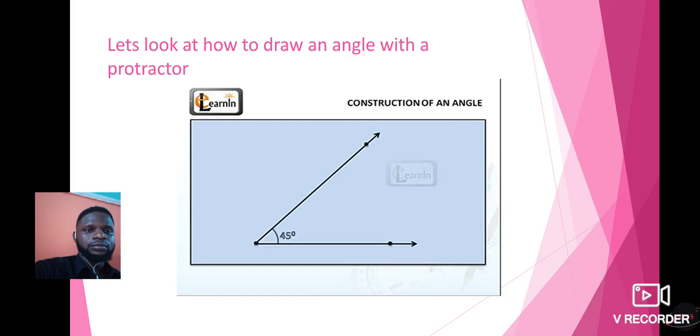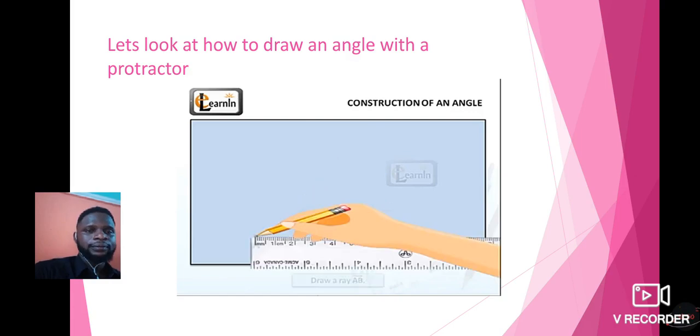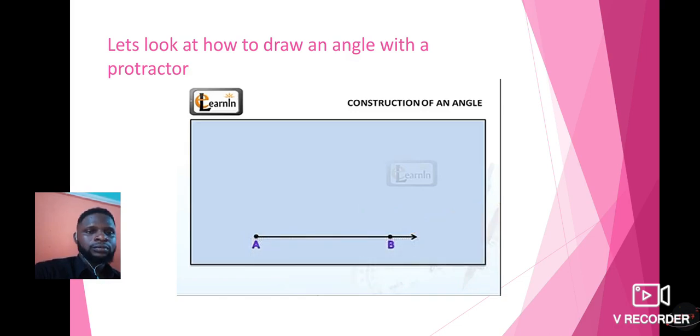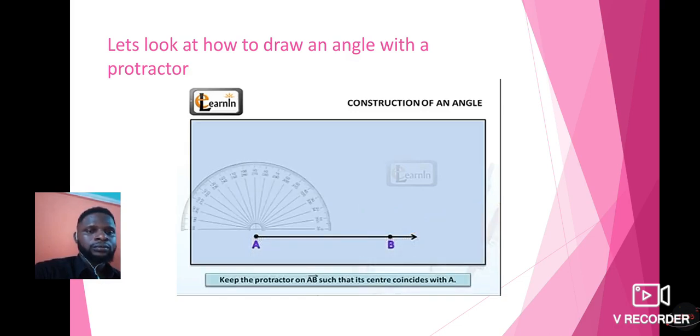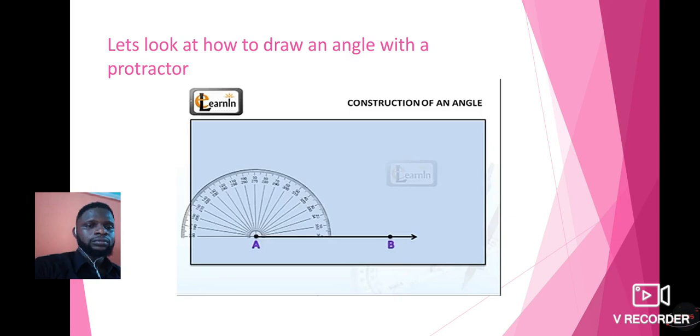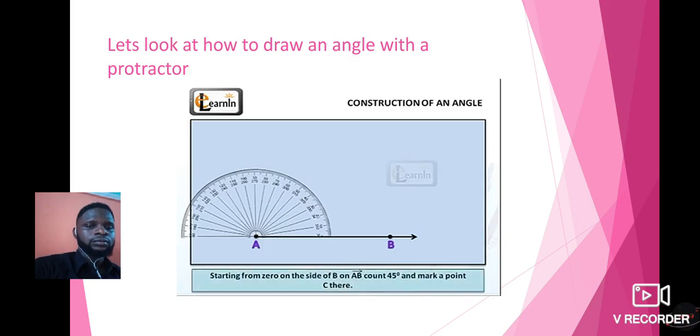Angle 45 degrees. Let's construct an angle of 45 degrees. Draw a ray AB. Take a protractor and keep the protractor on AB such that its center coincides with A. Starting from 0 on the side of B, on AB, count 45 degrees and mark a point C there.